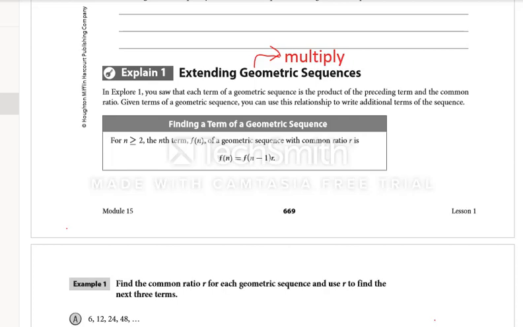All right. Now, to find terms and extend the sequence, if I give you the first 3 terms and I ask you to find the 4th term, for anything where n is greater than or equal to 2, n just means our term number, the nth term, so f of n, that's the term we want.